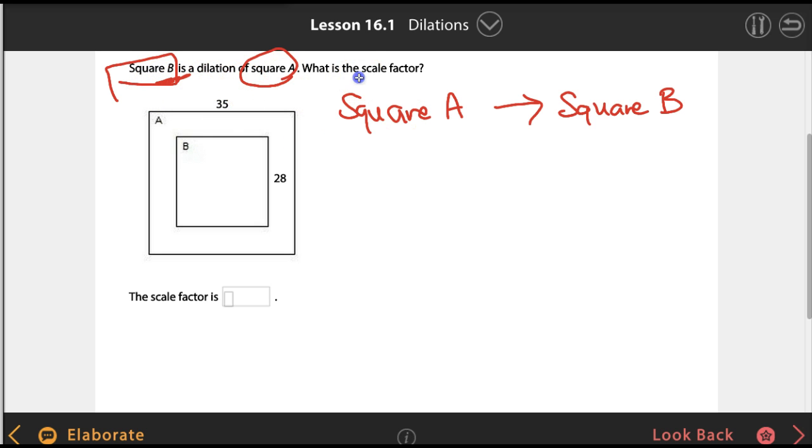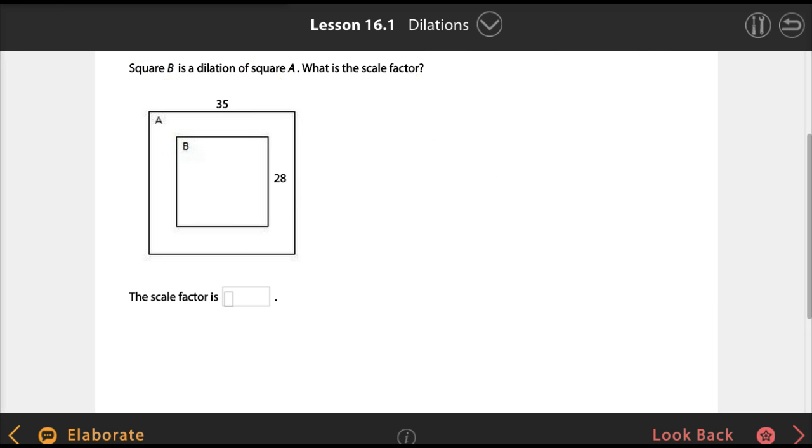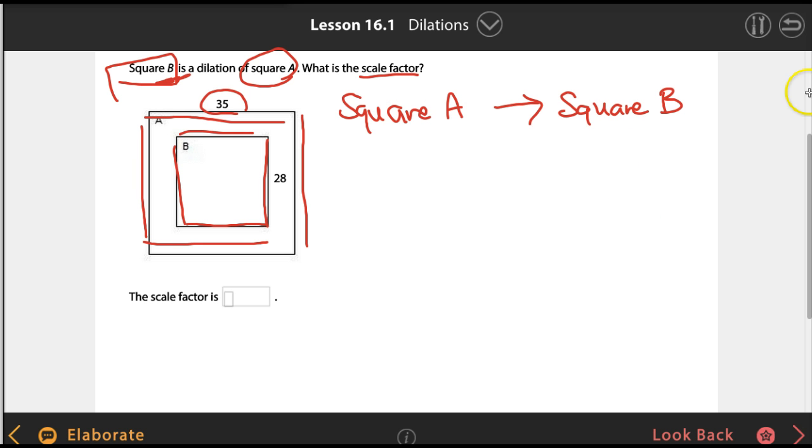Okay, so what is the scale factor? We already know that we have to express that in fraction form, right? Square A is all 35. This is 35, this is 35, 35, 35. So then, what that means is we're going from 35 units, square A has 35 units, and then all of a sudden we went to square B, which has 28, 28, 28, 28 units, right?